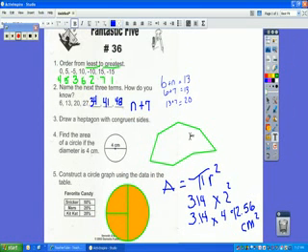Because I know that my Snicker bar is 50%. The Mars candy bar is 25%, which is 1/4. And the Kit Kat is another 1/4, which are equivalent to 50%, which is half of the Snicker. And there you have it. Fantastic 5, number 36.